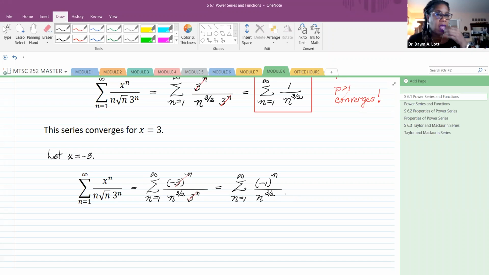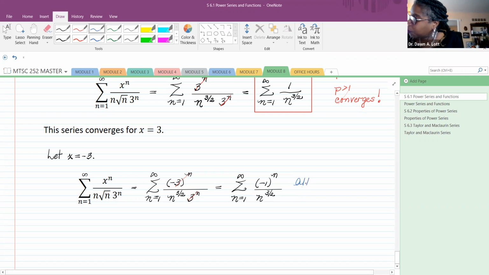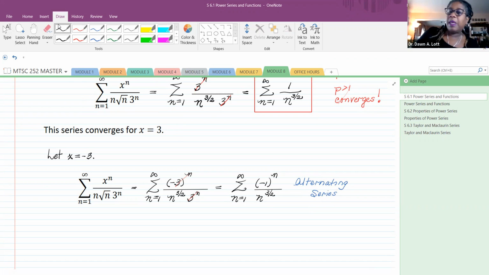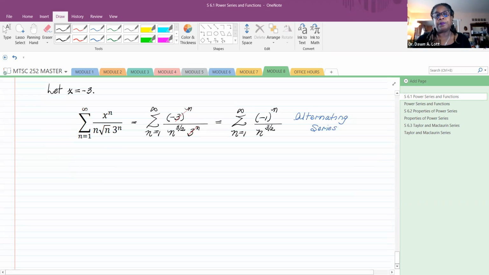It's an alternating series. (-1) to the n automatically says that's an alternating series. So I can use the alternating series test.